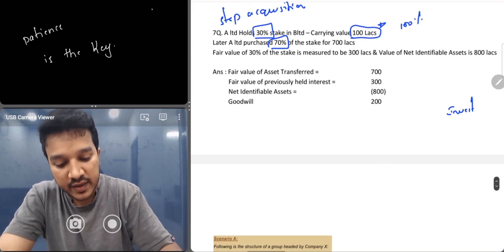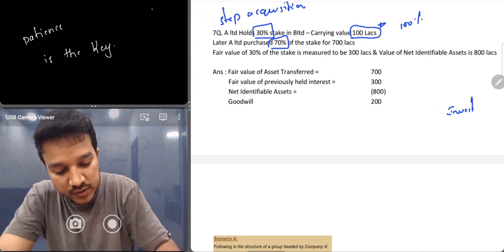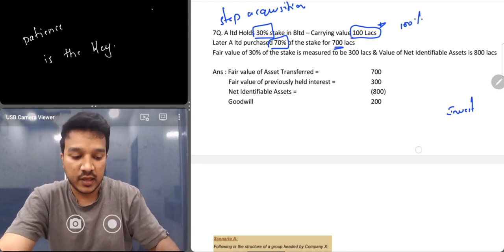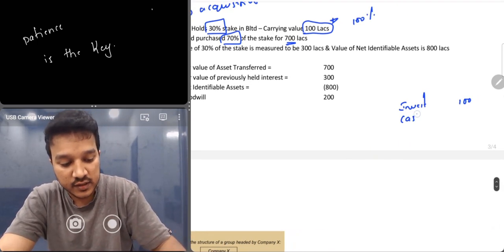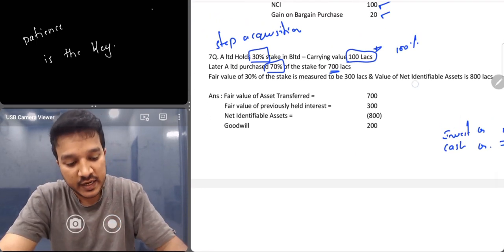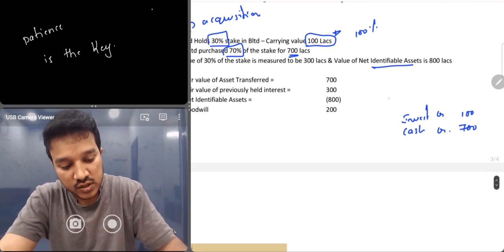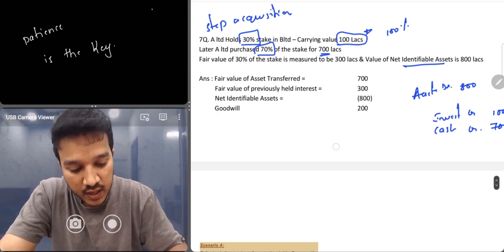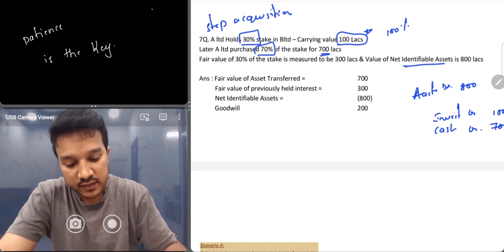And then later on purchased A purchased for 700 lakhs. You are paying the amount. Okay, cash is going out, again credit. So this is credit, this is credit. कितने का? 700. Okay, and then what is the amount that I'm getting? I'm getting net identifiable assets of 800 lakhs. So this is debited.